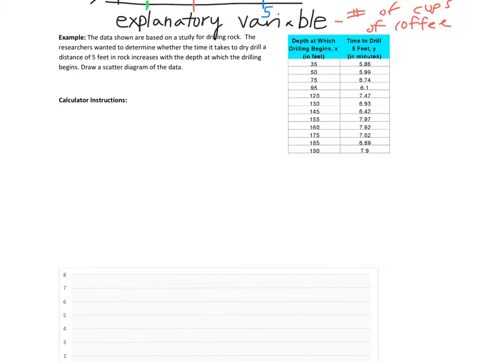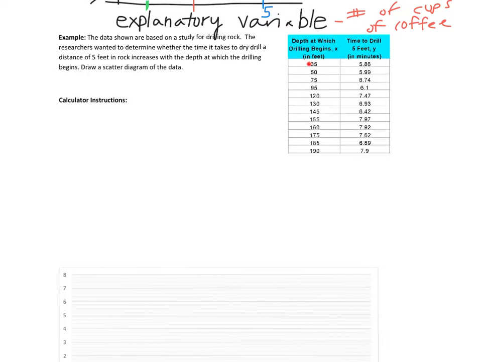Think about when you're at the beach and you start shoveling: the sand on top is really soft and you can go quickly, and as you keep digging, the sand gets more and more compressed. It takes longer to dig the deeper you go. All right, so that's what happened here. Let's look at our data set. This is the value of our explanatory variable, the depth at which drilling begins.